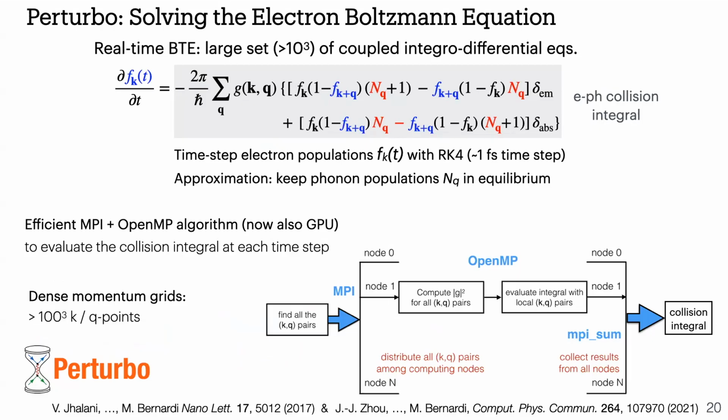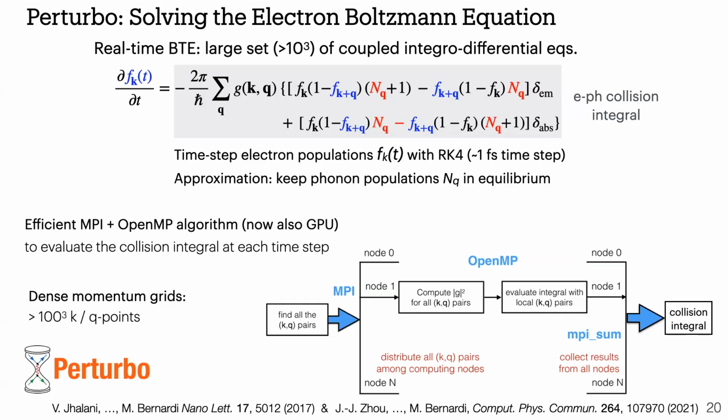But the phonons, you keep them fixed at the equilibrium temperature, and you evolve instead the electronic occupations. This is basically a large set of coupled integro-differential equations, because the right-hand side, which is called the collision integral, itself depends on the electronic occupations. And I have suppressed the band indices here, but this can be modeled for systems with multiple bands.